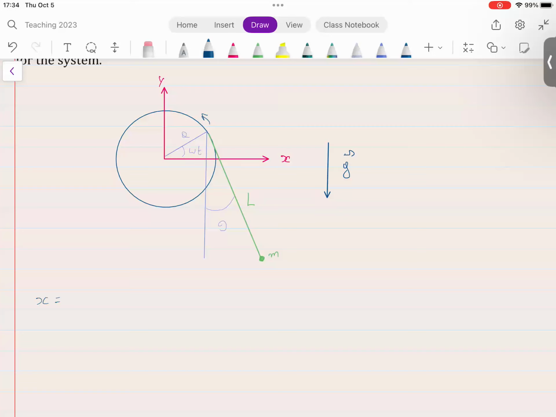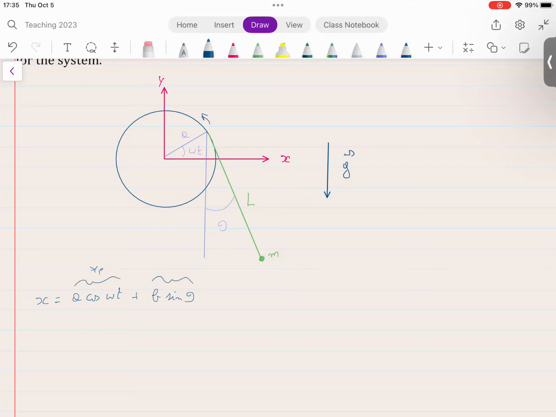First thing, x is going to be equal to a times cosine of omega t. That's the x position of the pivot, so let me call it xp, plus b times the sine of theta.